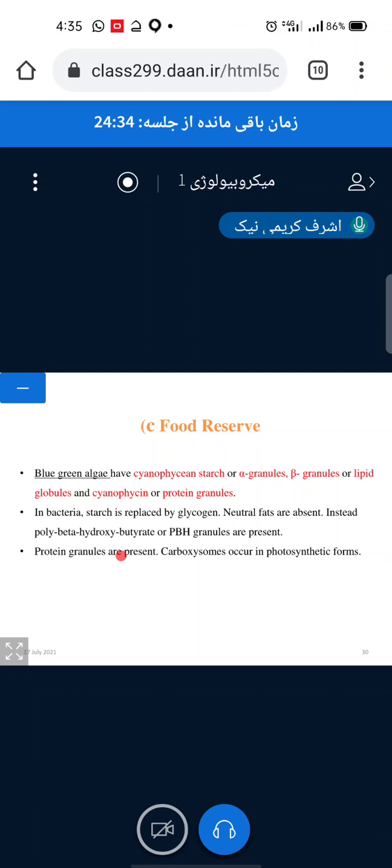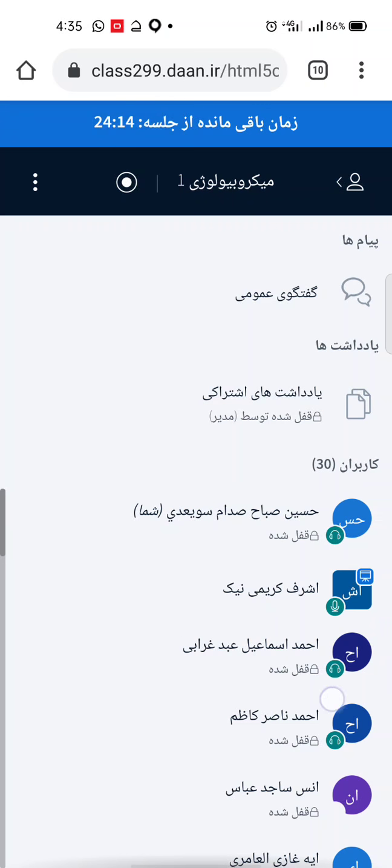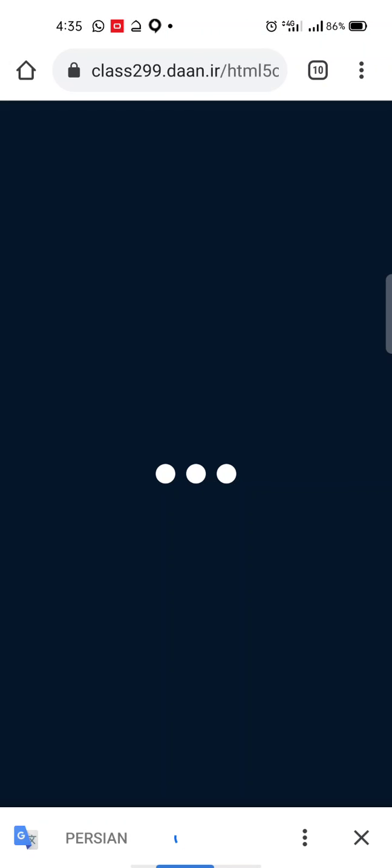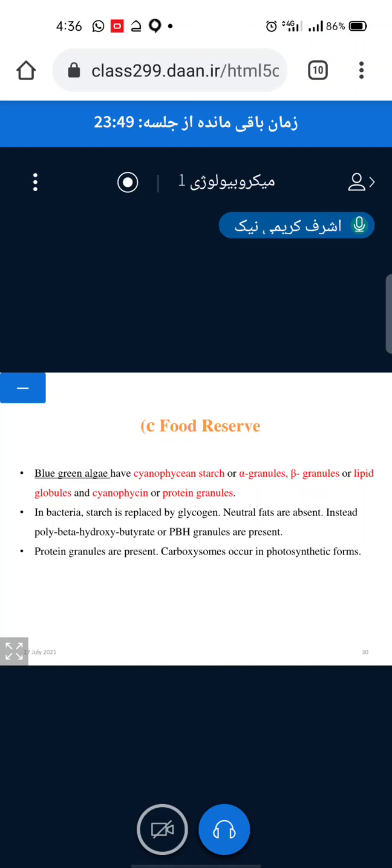In bacteria, we don't have any lipids as food reserve. Some bacteria have lipid, for example Azotobacter, but the type of their lipid is useful for plants.